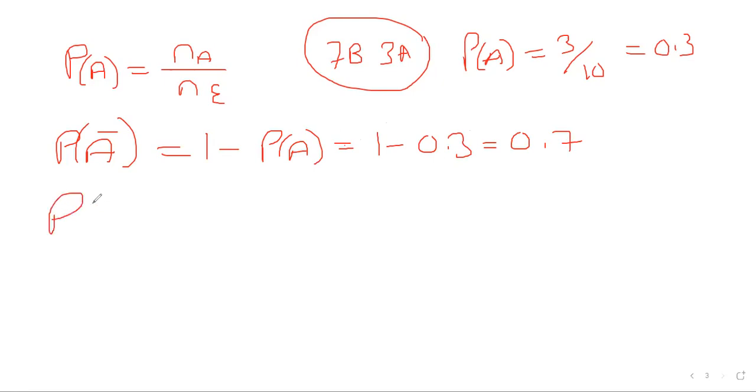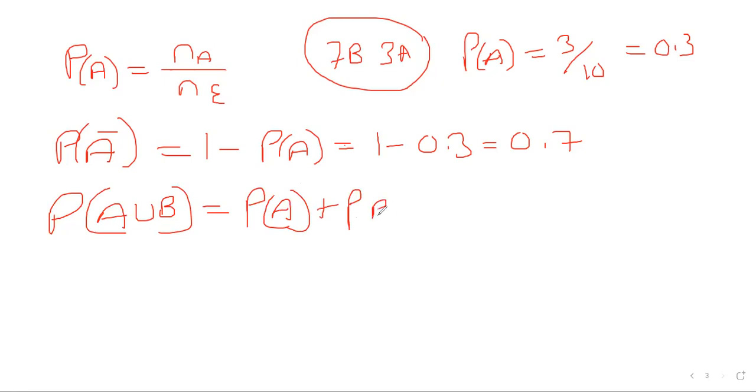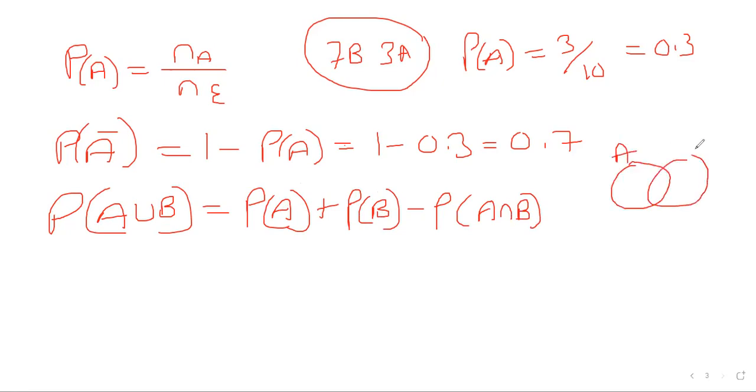Then we have the union set. This is the most useful formula, which simply asserts that the probability of A plus the probability of B, we subtract the intersection. That is how we get the union set. To intersect is to find common ground. Where A and B cross each other, we call that the intersection.